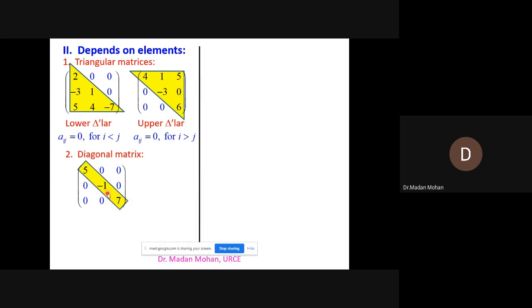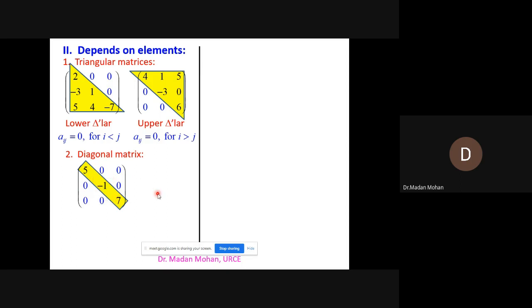Therefore, a diagonal matrix is a lower triangular matrix and also an upper triangular matrix. A matrix which is both lower triangular and upper triangular is called a diagonal matrix, in other words.